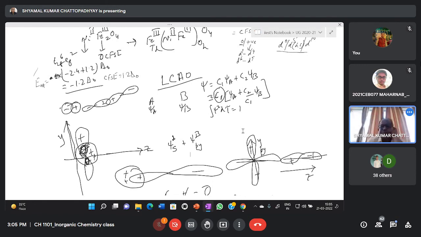Now, from your knowledge of mathematics, you know that if phi 1 and phi 2 are two solutions of a second order differential equation, then any linear combination of phi 1 and phi 2 will also be a solution of that equation, right?